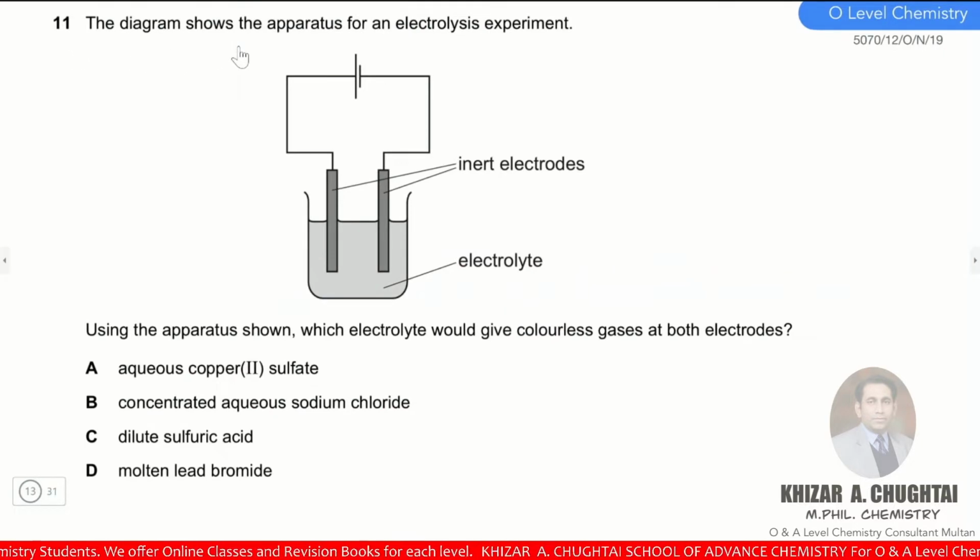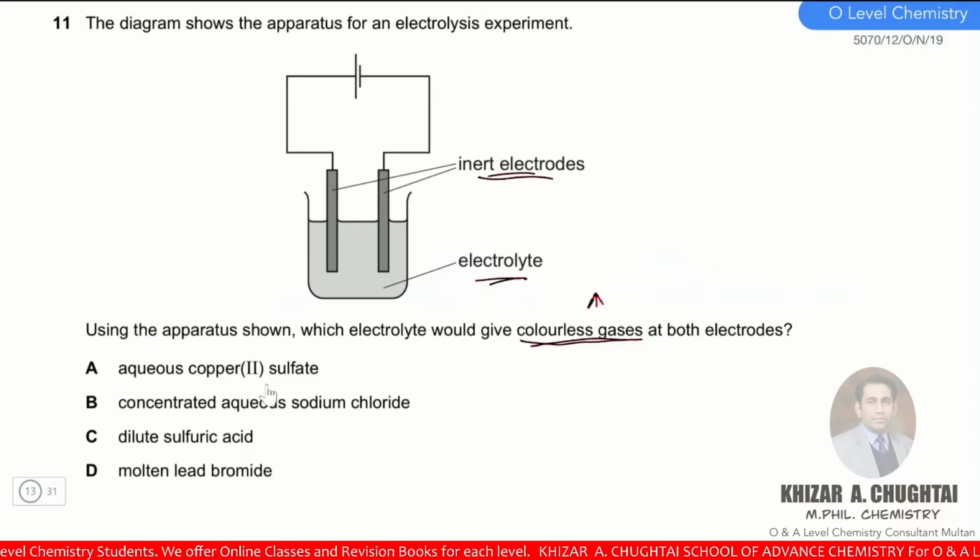Question 11. The diagram shows apparatus for an electrolysis experiment. Using the apparatus shown, which electrolyte would give colorless gases at both electrodes? There are 2 inert electrodes, and here is the electrolyte. Both should be colorless gases.